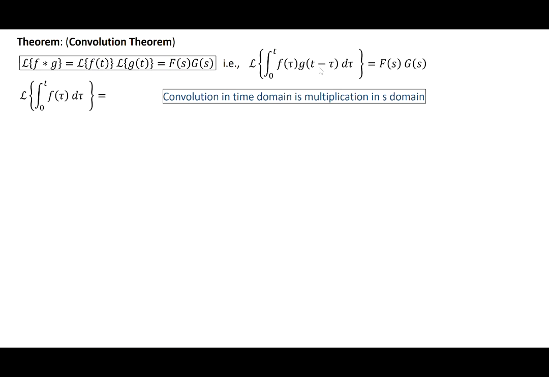Constant function. So g of t is also 1. Oh, okay. What is g of s then? If g of t is 1, Laplace of 1 is what? 1 over s. Cool. So this is nothing but f of s over s. End of the story. F of s times 1 over s, which is f of s over s. Look at how clever that is.